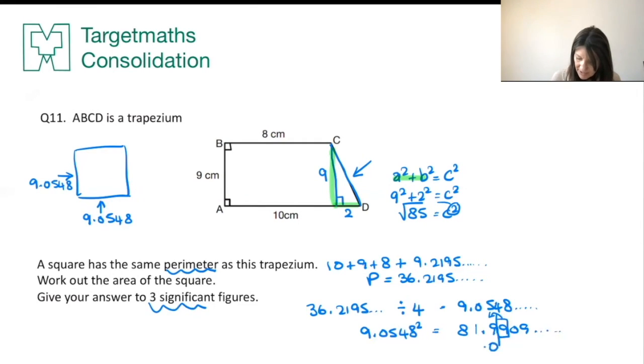So put down the 0, carry the 1, and you end up with 82.0. And it's really important that you keep that 0. I know it doesn't have any value, but they've said 3 significant figures, so I need 3 digits in that answer. Okay, so it's area, it's centimeters squared.